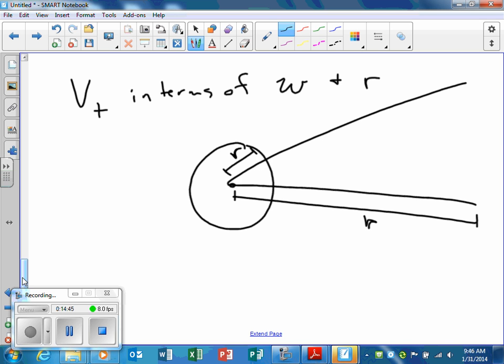And the one thing that I do know that has to be the same here and here is angular velocity. So this is our go-between. And we're going to need to come up with some formula for velocity tangential in these terms in order for us to start doing the computations that we need to do for the space hotel.